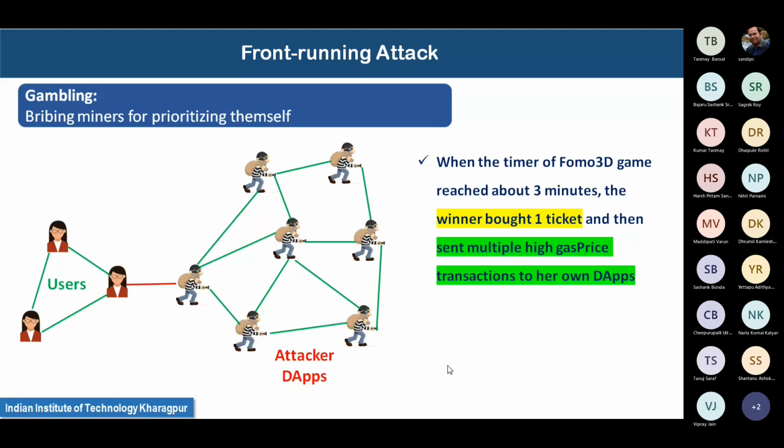So all the different miners were now mining all these transactions which were launched by the DApps, instead of mining any transaction from a subsequent user who possibly would have liked to buy another ticket.